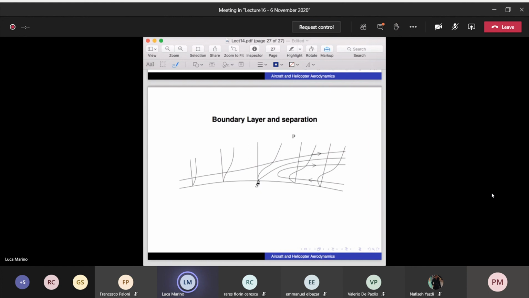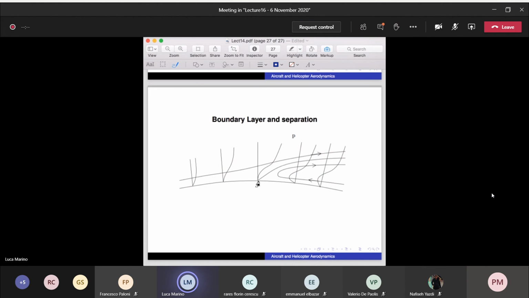In the separation point, this inflection moves here at the wall, and this is the point where on the left you have still positive velocity, parallel velocity close to the wall. If you make a section here, as you see, there is an inversion in the direction of the velocity.